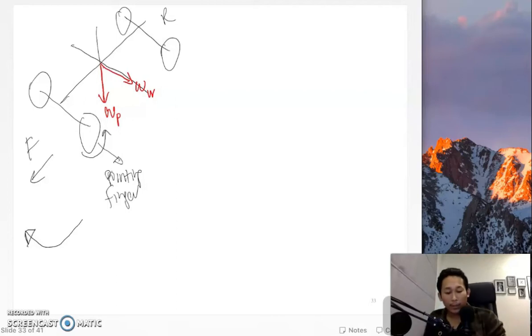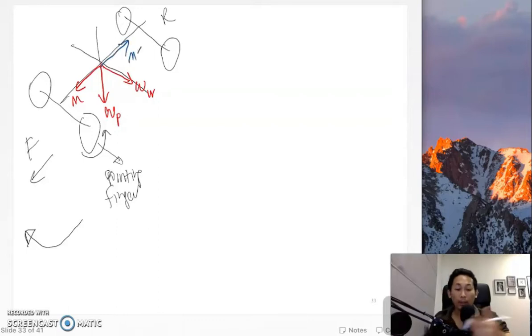This one is the active couple, and this one is the reactive couple. So the reactive couple will act like this. What does it mean?